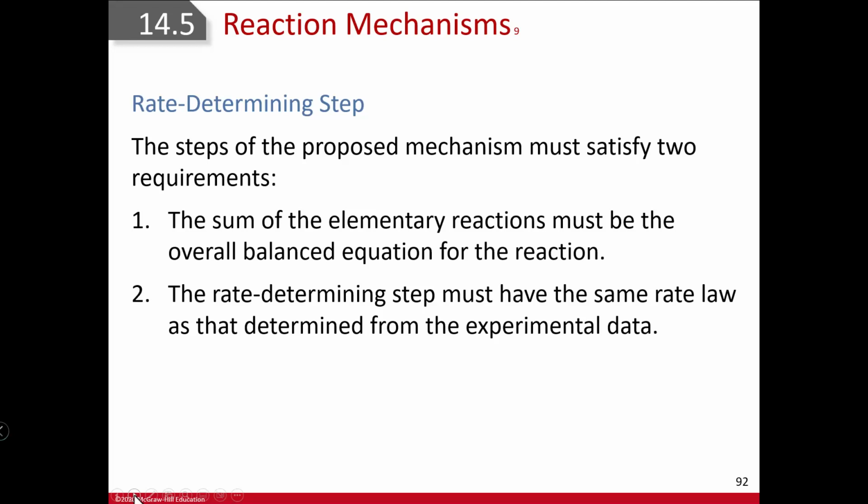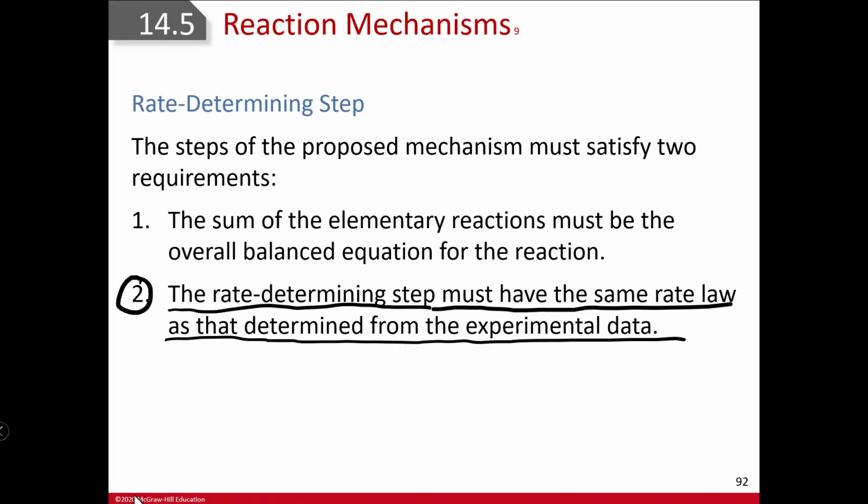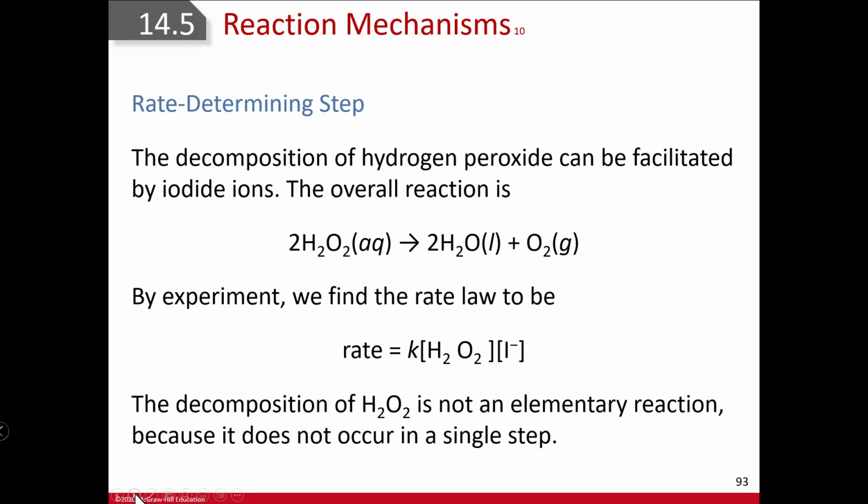And the rate determining step must have the same rate law as determined from the experimental data. All right? Make sure you know this one. The rate determining step, which is the slowest step, must have the same rate law as determined from the experimental data. And if it doesn't, you're not onto the right mechanism. So that's what people who are trying to determine mechanisms are doing. They have to follow those rules.